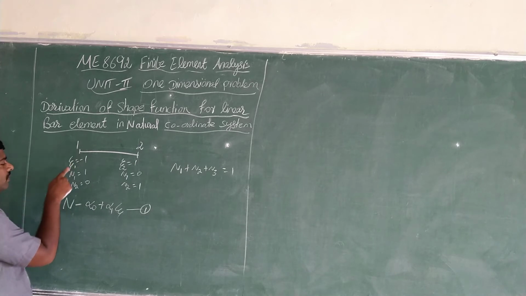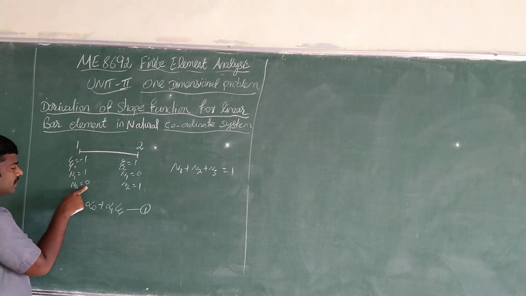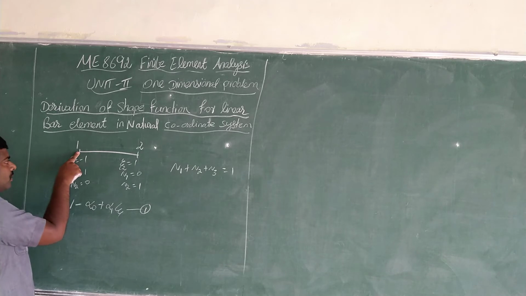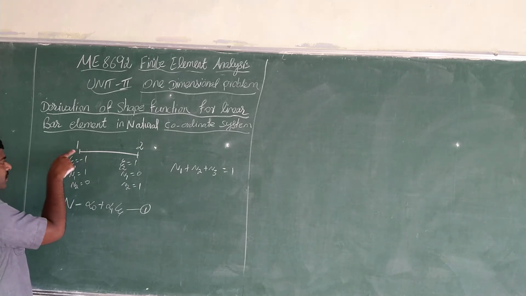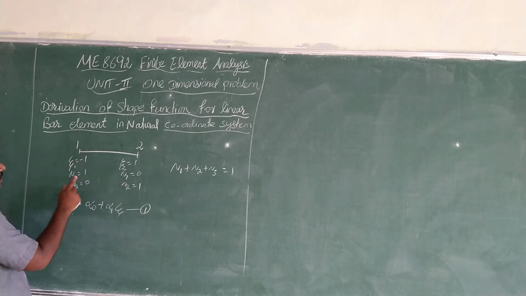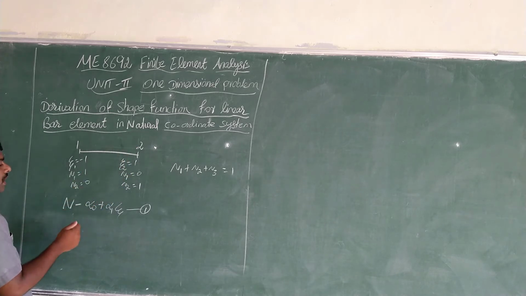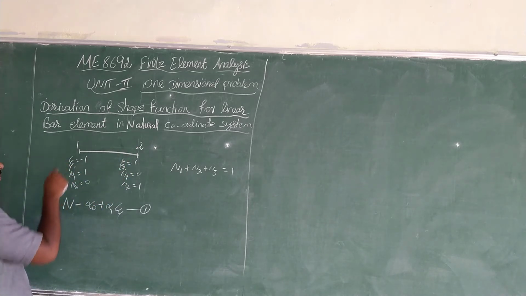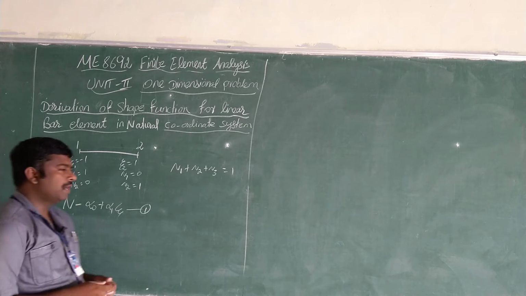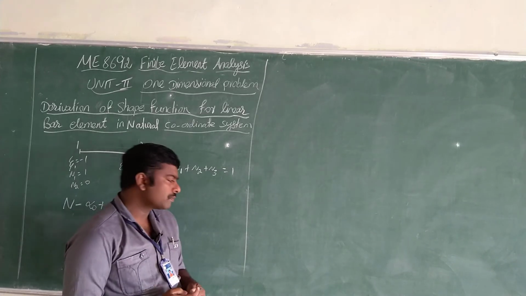So at node 1, N1 equals 1, N2 equals 0. So the shape function value is unity at its own node and 0 at other nodes. N1 is 0 at node 2, but N1 equals 1 at node 1. So these are the important properties of shape functions.